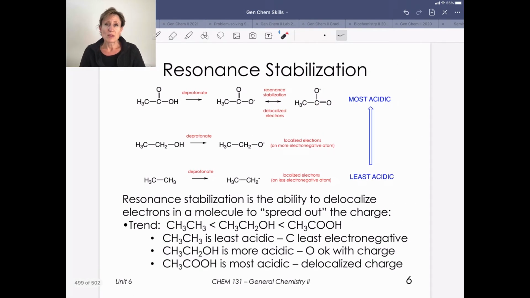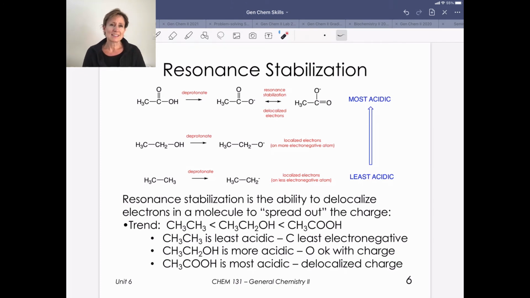The last way we can think about stabilization is through resonance stabilization. Resonance stabilization is the ability to delocalize electrons in a molecule and help spread out that charge. We learned about resonance structures back when we learned about drawing Lewis structures in one of the last learning units that we had in Gen Chem 1. When we can spread out that charge, that allows us to stabilize that conjugate base.